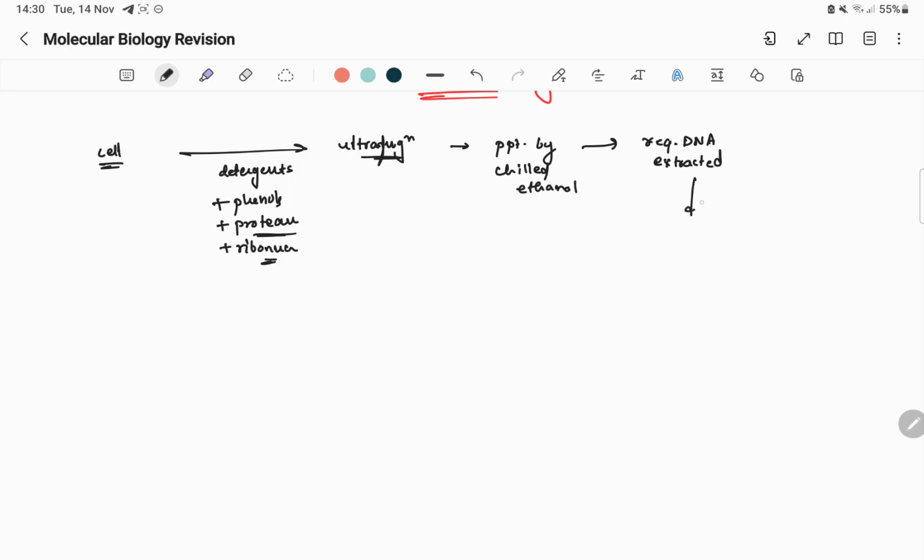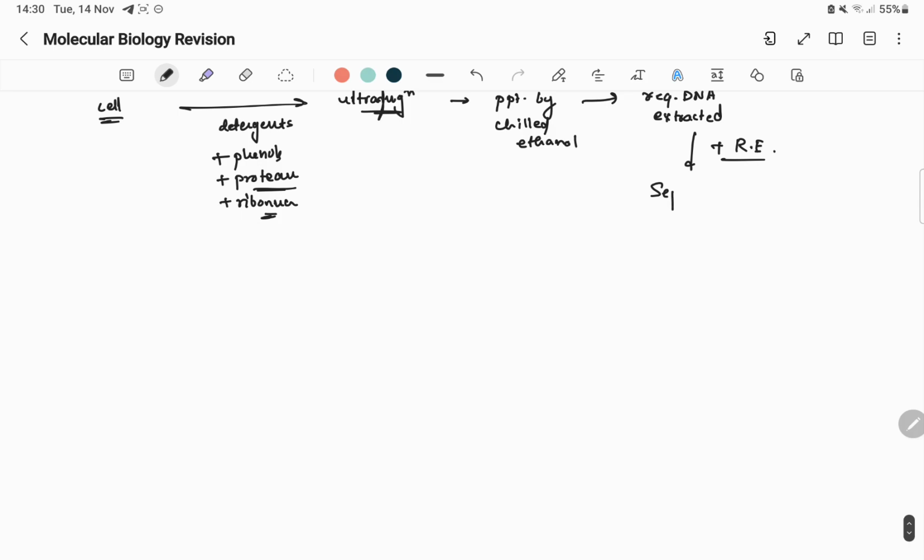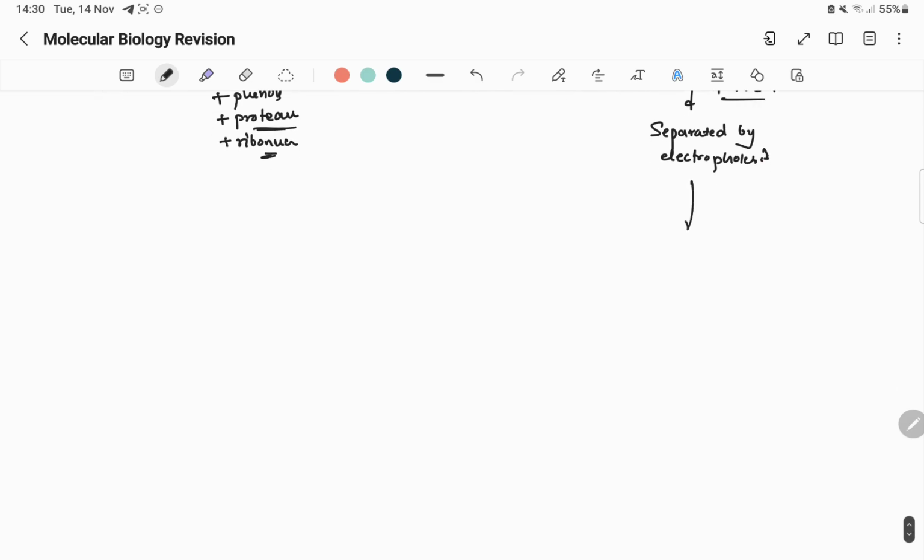This DNA is treated with restriction endonucleases and separated by electrophoresis. It is then identified and visualized by Southern blotting. You know the SNOWDROP phenomenon: Southern, Northern, and Western.